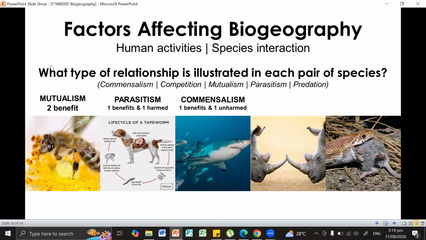The ones that benefit here are the remoras because they follow where the shark goes in order to secure a healthy food supply. The only species unharmed here is the shark, no? Because the shark doesn't gain anything from the remoras, and at the same time, it doesn't get hurt by the remoras. So the shark is the one unharmed here.